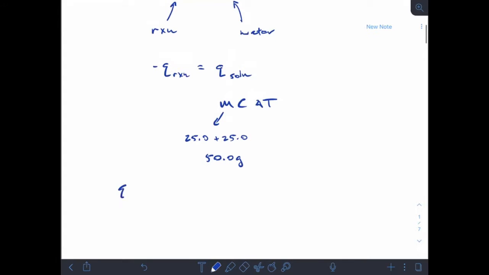So our Q solution will be 50 grams times 4.184 joules per gram degrees C times our temperature change for the water, or the solutions, final minus initial.